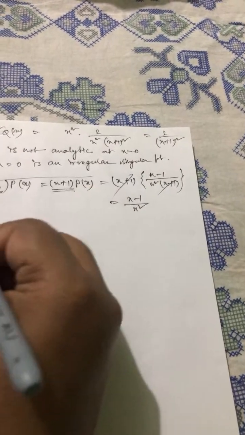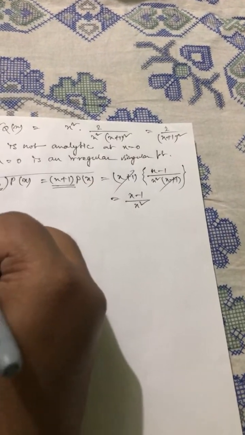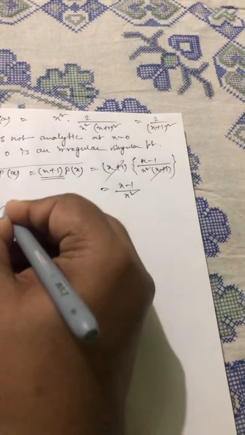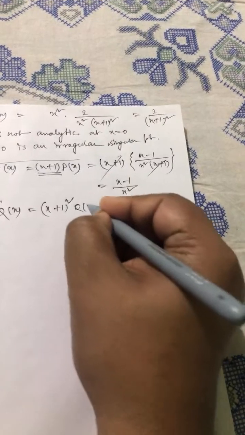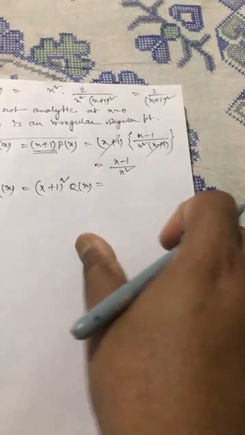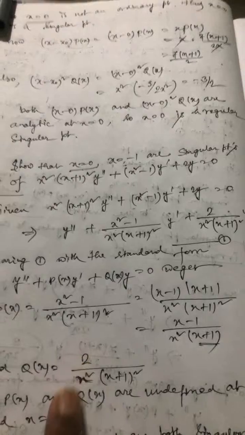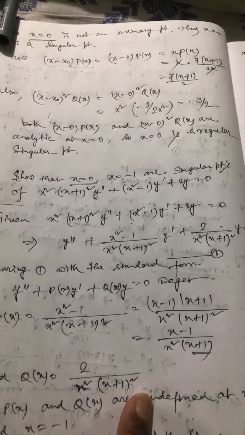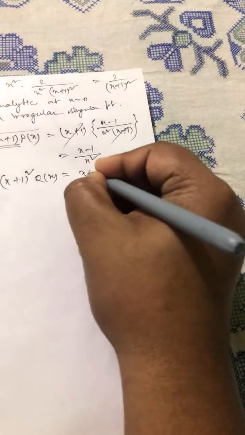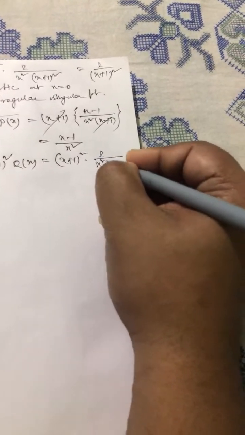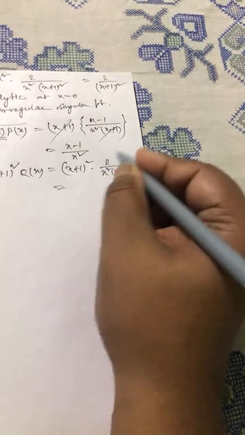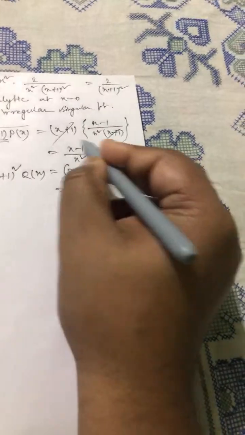So we need to proceed further. x minus x naught square into qx, that is x plus 1 whole square into qx. Remember what was the expression for qx? 2 by x square into x plus 1 whole square. So x plus 1 whole square into 2 by x square into x plus 1 whole square gives 2 by x square. Now you can see for both these expressions, at x equals to minus 1 we have no problem.